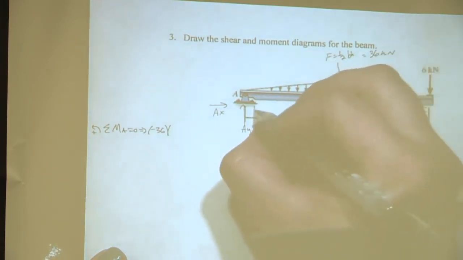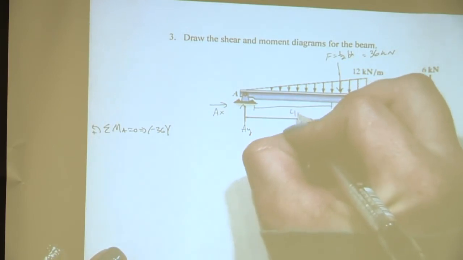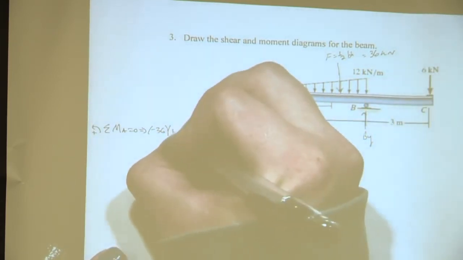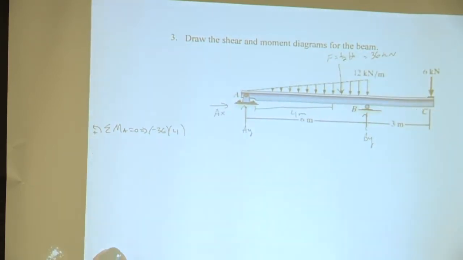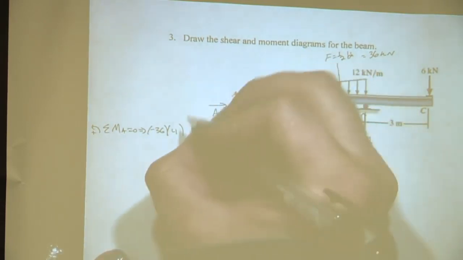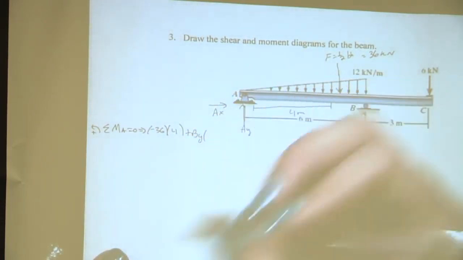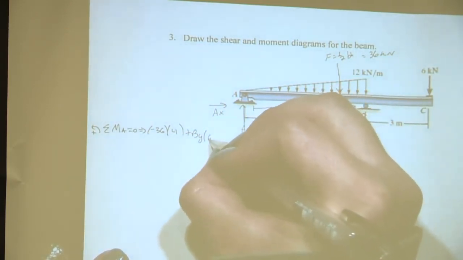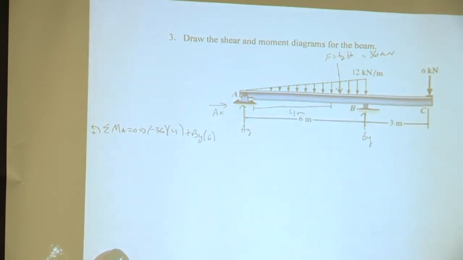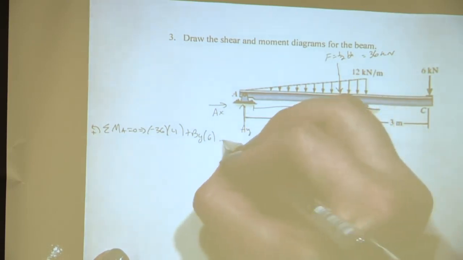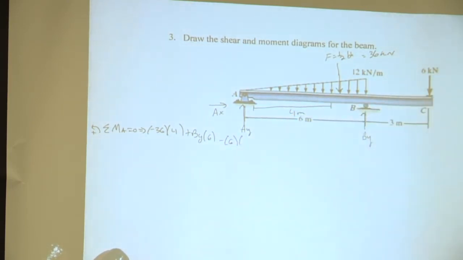So say this distance is 4 meters. Okay. Awesome. And then what else? BY, is it positive or negative? And then perpendicular distance? 6. Awesome. What else? Awesome. So minus 6 times what?